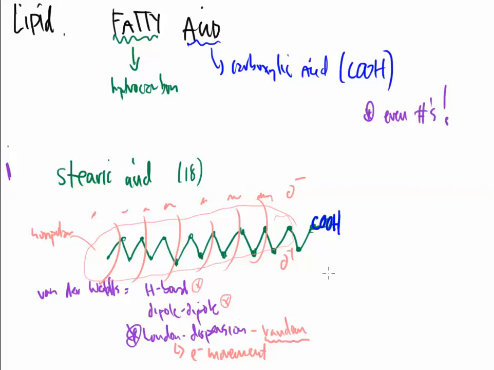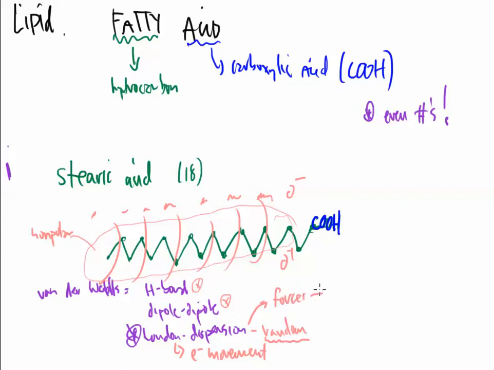So the electrons become lopsided, and the electrons rush onto one side of the boat, and the boat begins to tip back and forth. The same thing happens with stearic acid. The boat begins to tip, and we get some movement. This is London dispersion.